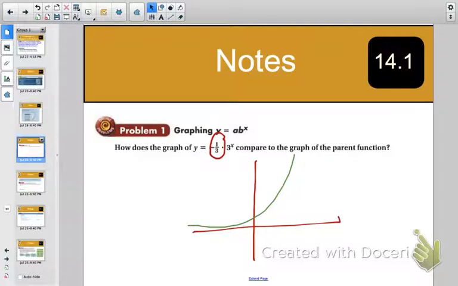The compressed function would have everything at 1/3 the original height, so it looks something like this. Then we also have this negative right here, which is going to take that purple function and flip it, reflect it over the x-axis. So in the end, it looks something like this.